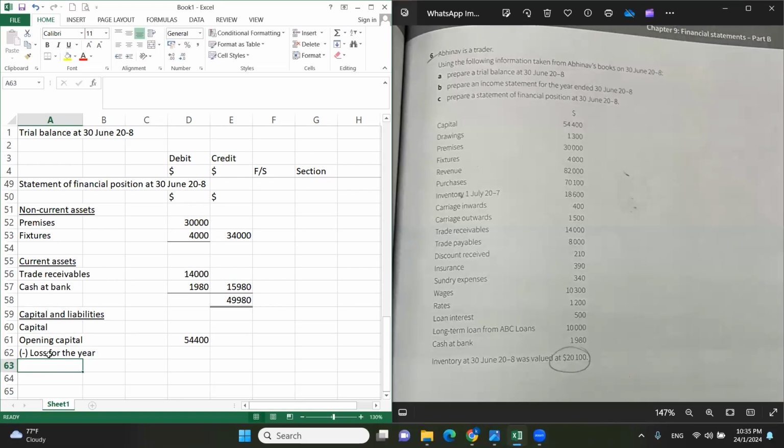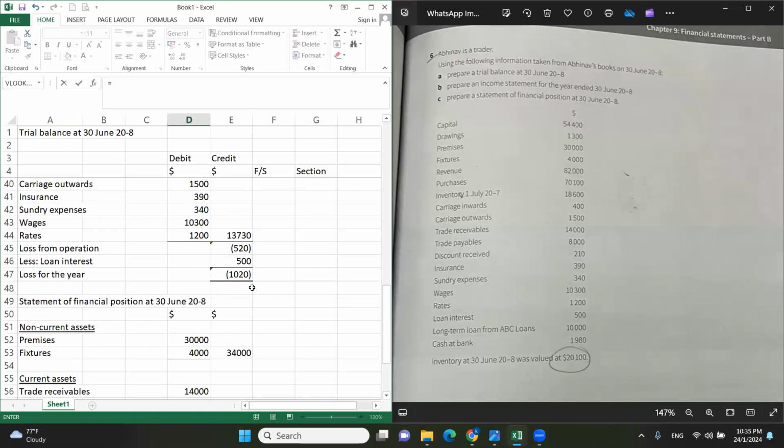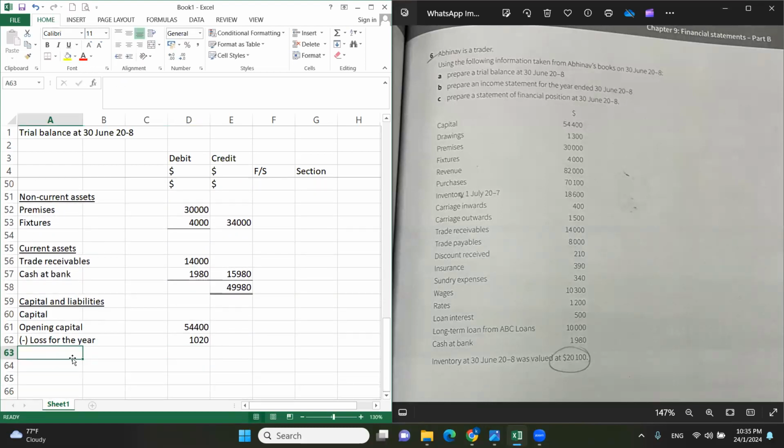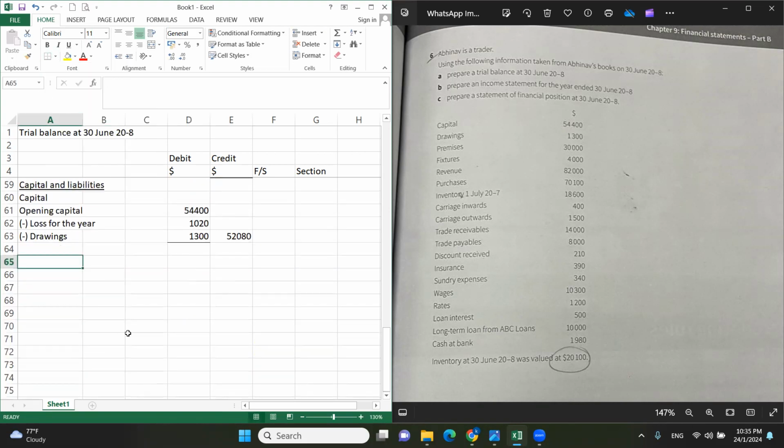If you get profit, you plus, but this question is a loss. So loss by how much? 1020. Okay. And then we also have to minus the drawing. Okay, this drawing amount is 1,003. So we take the capital minus and minus. So we get 52,000.